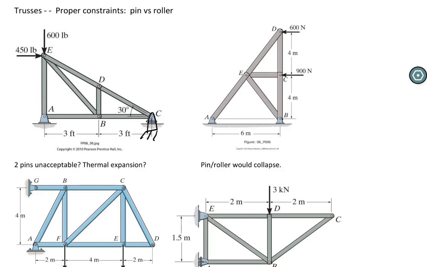Again, this is a mechanics of materials question, but if it heats up, wouldn't you expect that there may be some thermal expansion and that sort of thing? And that would put force and stress on this pin that may not be acceptable. So for reasons that are not only statically indeterminate, but for practical reasons, we would say that 2 pins are unacceptable in this configuration.